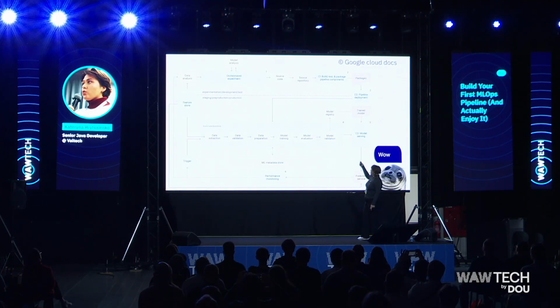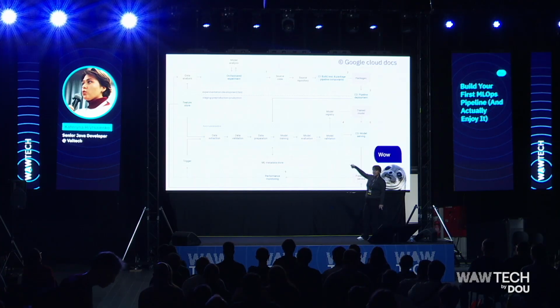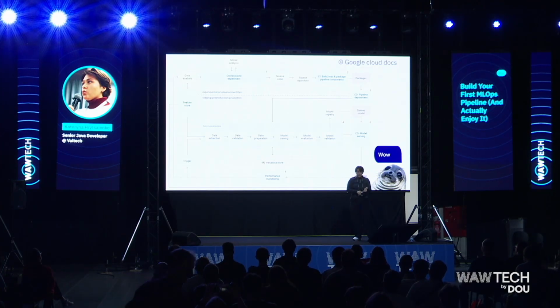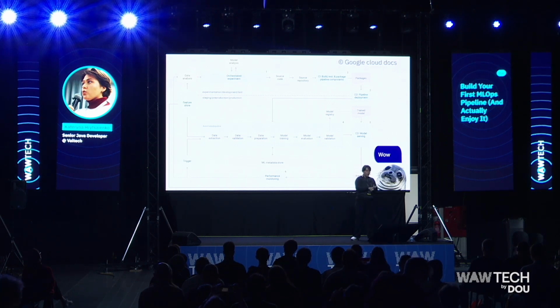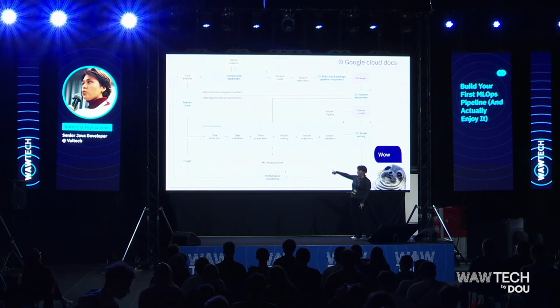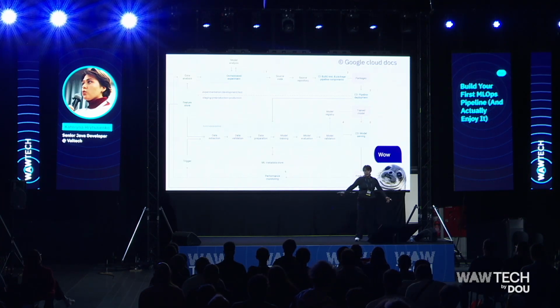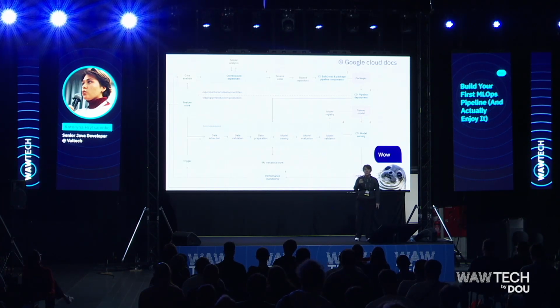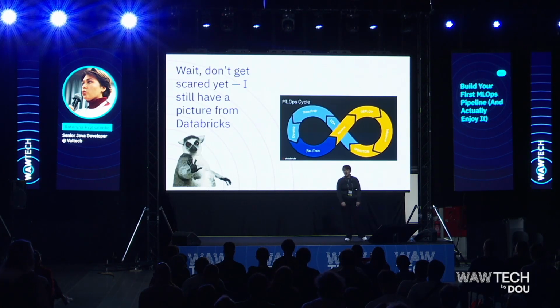Then we have some CI. We obviously have some CD. But then you can see some additional steps here. We have data integration. We also need to evaluate our data, we need to evaluate our model, and we also need to think about the magical ML metadata storage. What it is, hell do I know. Let's find out right now. But please don't get scared by this image, because I have a simpler one from Databricks.